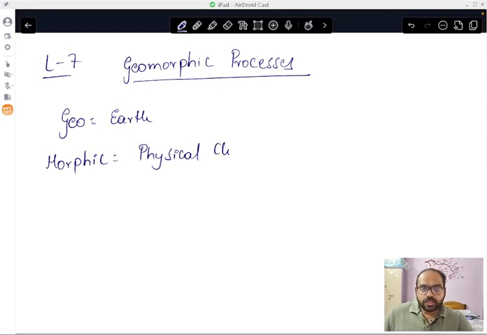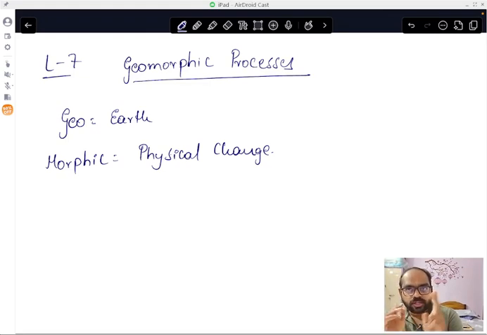Thus, the processes or the forces which bring about physical changes on the surface of the earth are called geomorphic processes. Again, the forces or processes which bring about physical changes on the surface of the earth are called geomorphic processes.